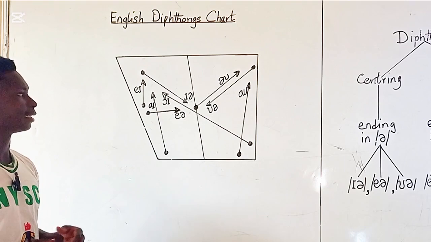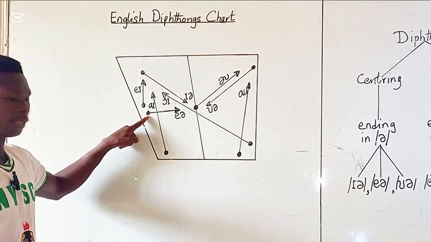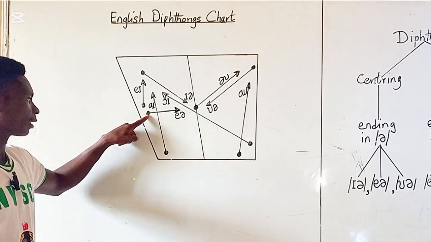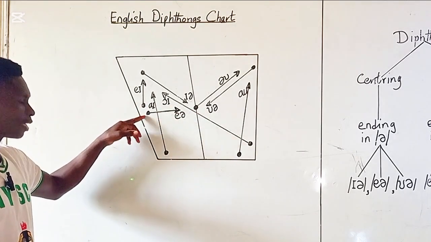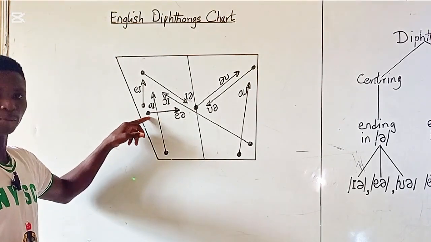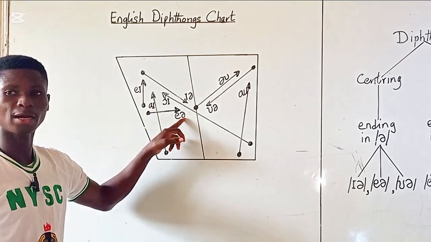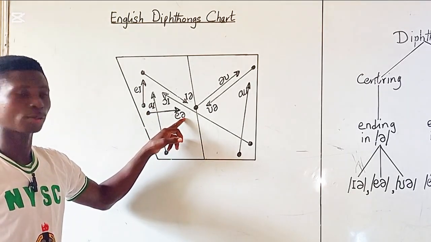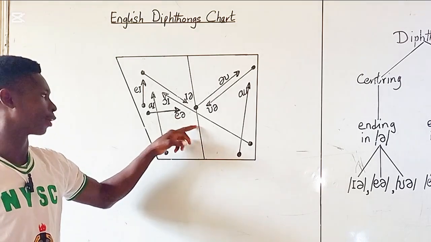Then the next one that is centering is this one. Look at the starting point to the middle. We begin from the front mid position to the middle where we have the schwa sound. So we join the two together to have air.